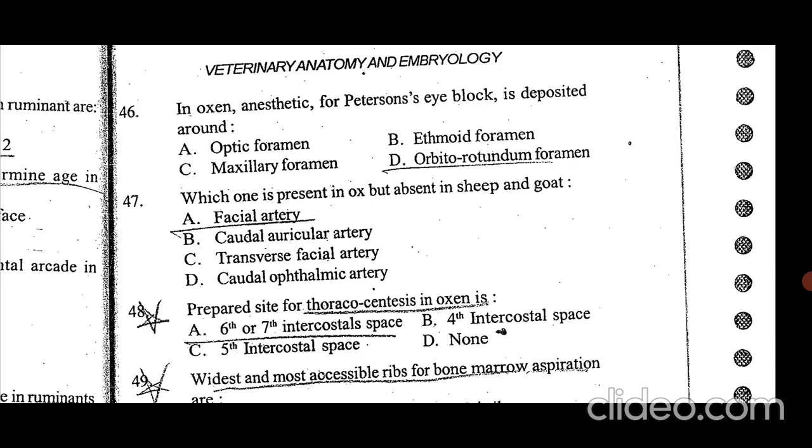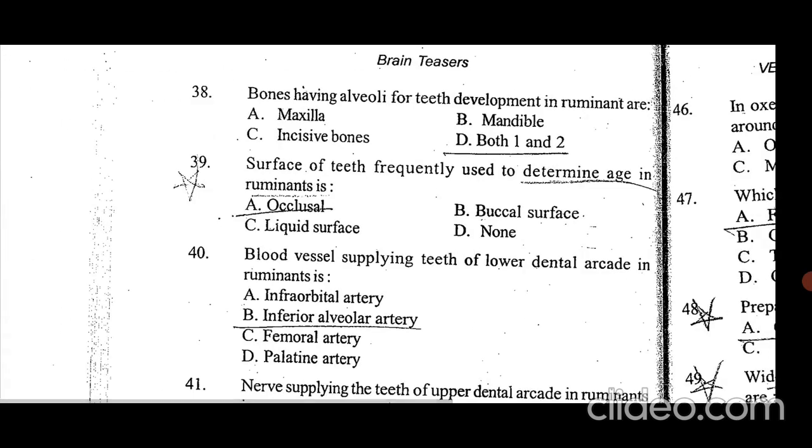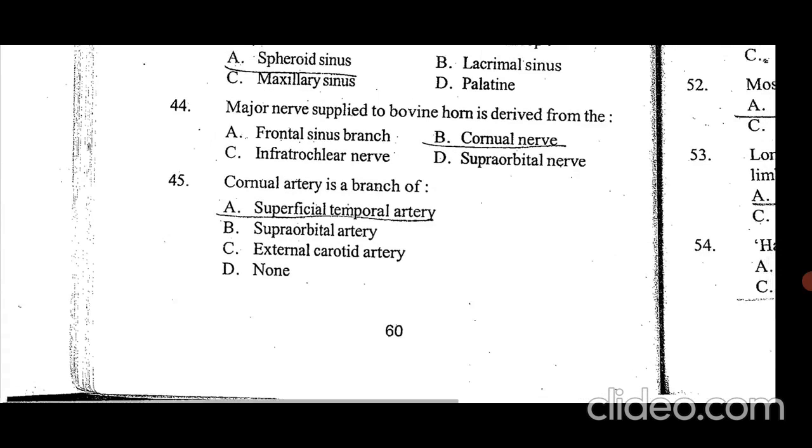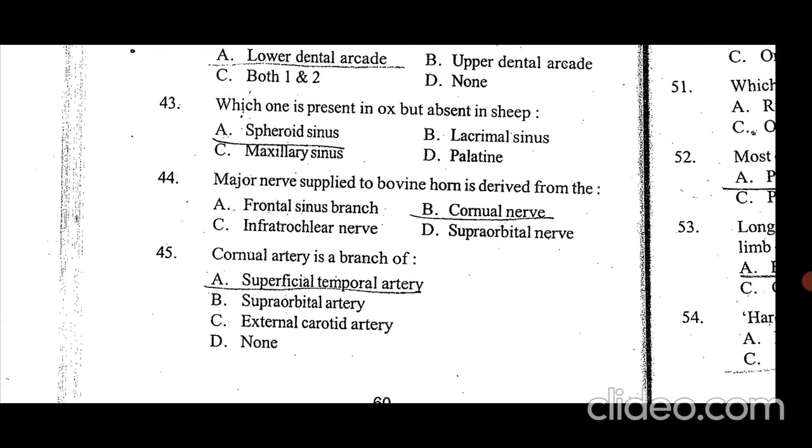Which one is present in ox but absent in sheep and goat? Ox has a facial artery, but it is not in sheep and goat. There is also a sphenoid sinus that is present in ox but absent in sheep.